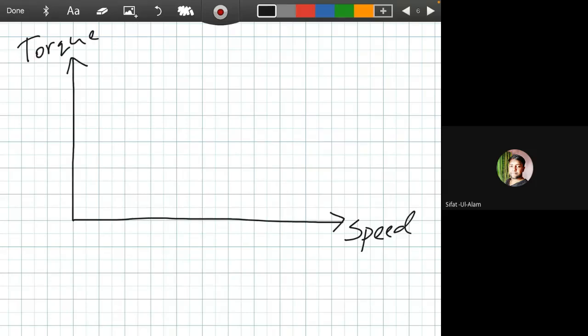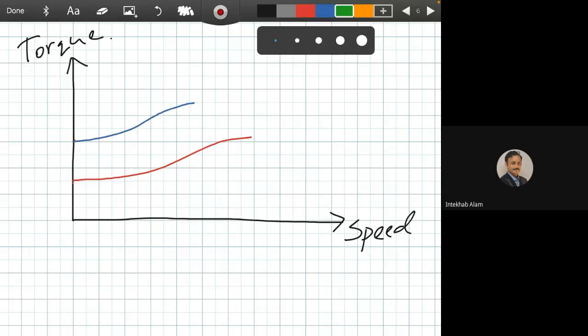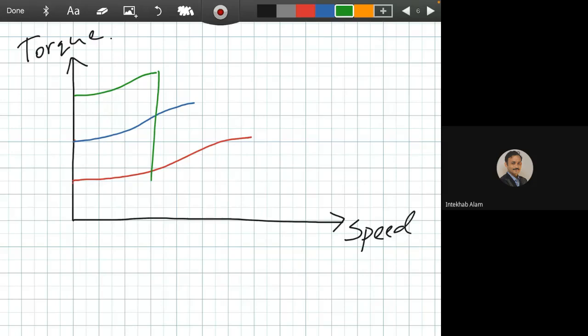Here is an omega, here is another omega, and another.